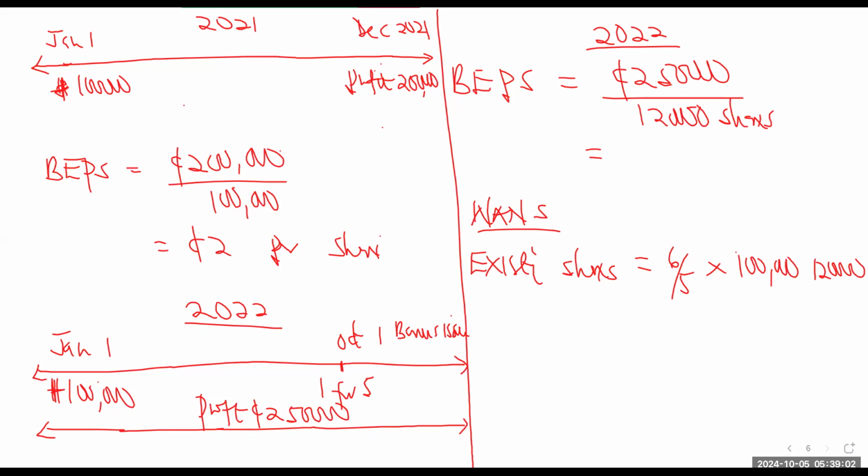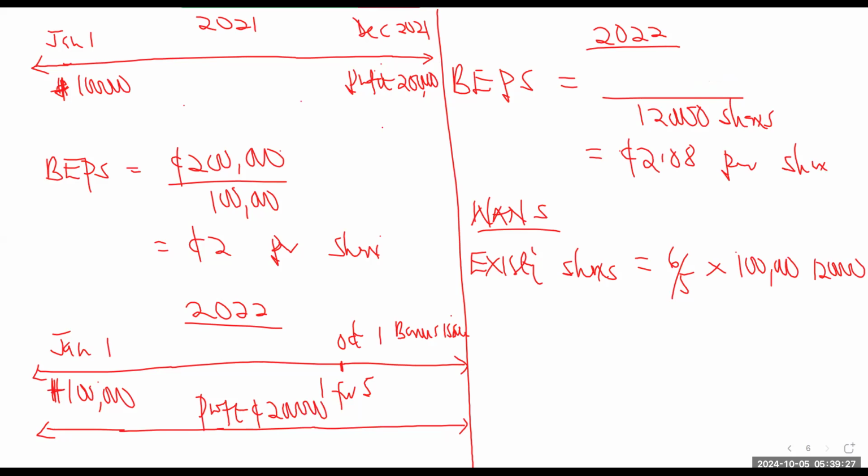I'm having 2.08. Yes, please. 2.08 per share. Okay, let's do this one like this, so that I can demonstrate whatever I want to demonstrate over here. Let me assume that the profit is still 200,000.